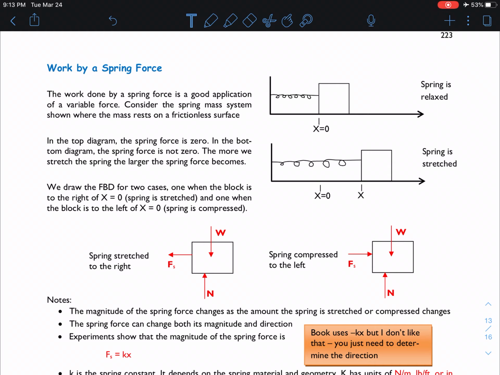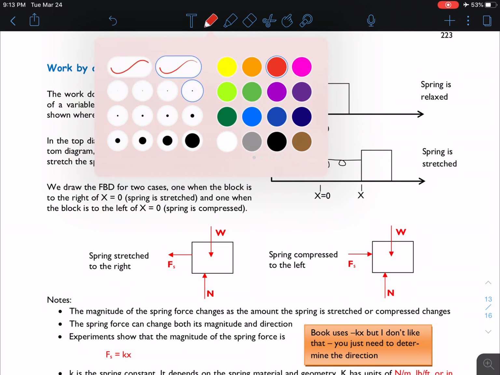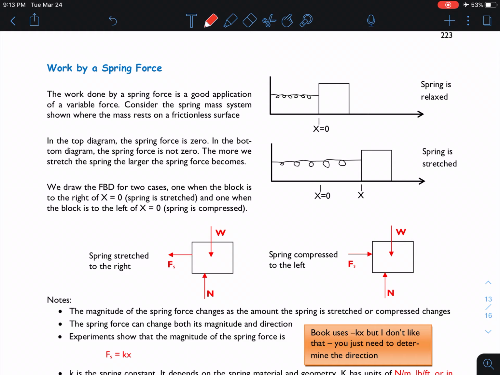We have a spring, as you can see in the first figure. x equal to 0 means the spring is relaxed. Then we are holding this object by hand with some external force and pulling it away. There is some applied force pulling it that way, if the object is stationary.